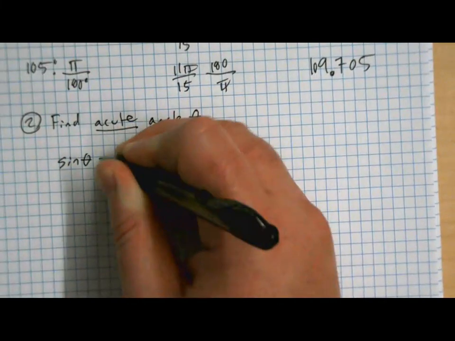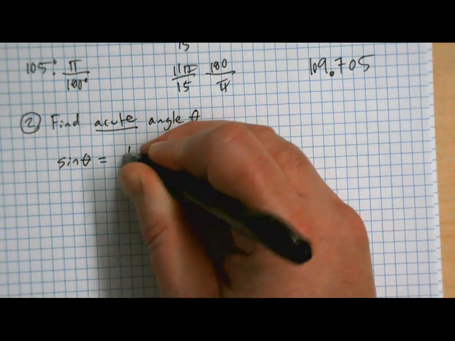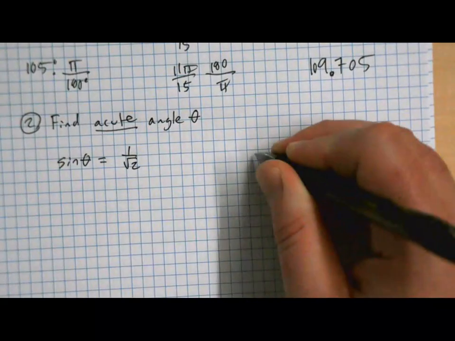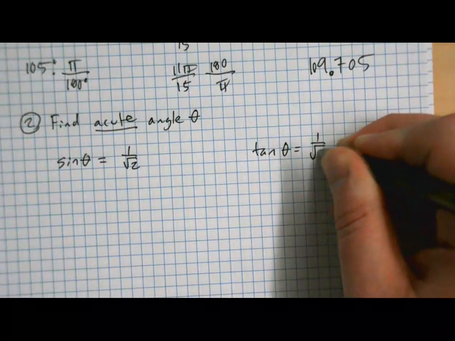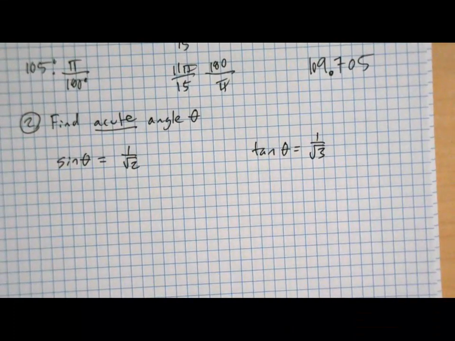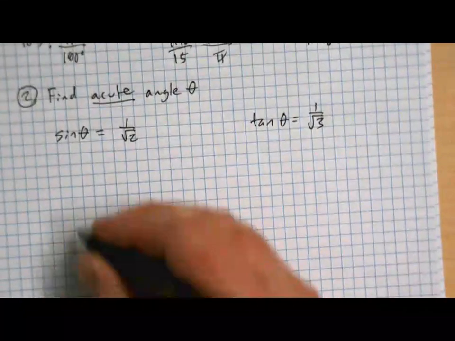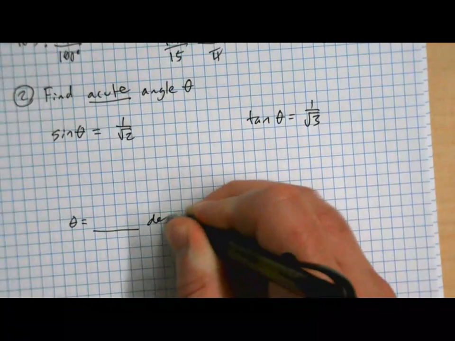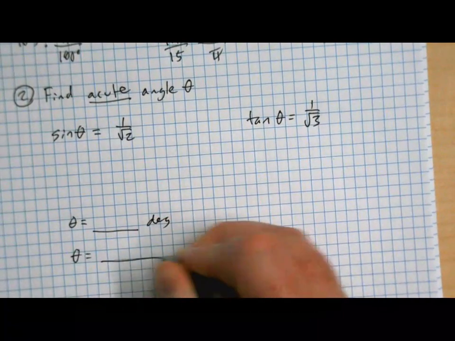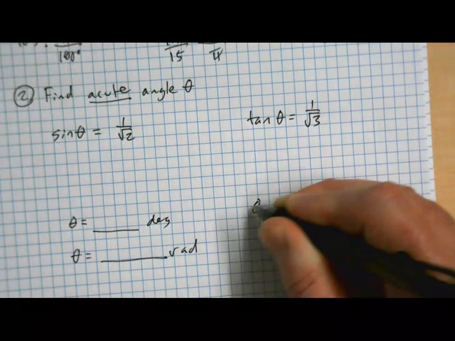One of them looks something like this. There'll be a little bit of space underneath it, and then it'll say theta equals blank degrees and theta equals blank radians. So you're going to give me answers in both degrees and radians.